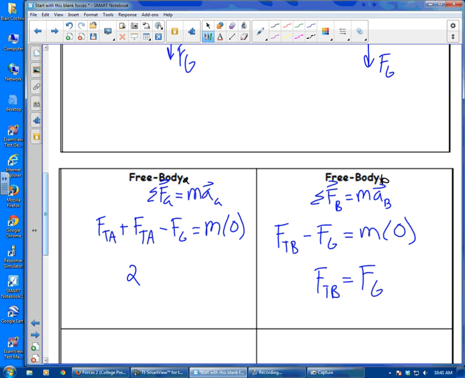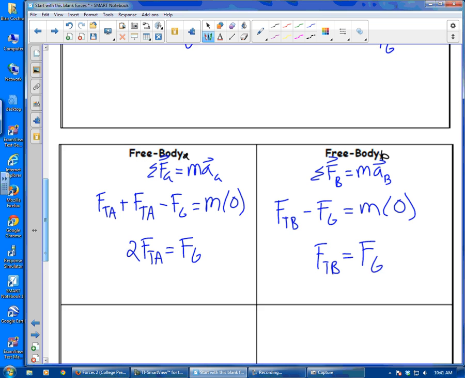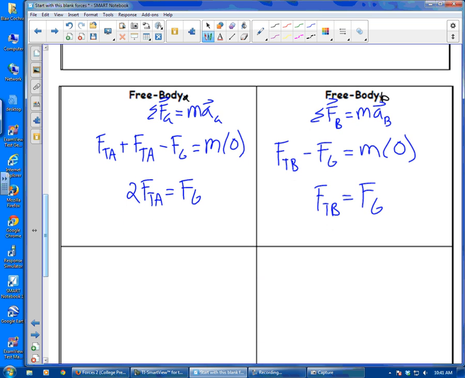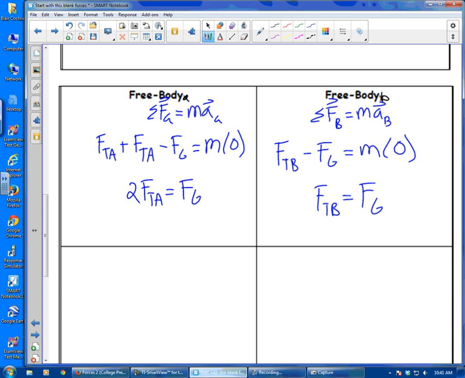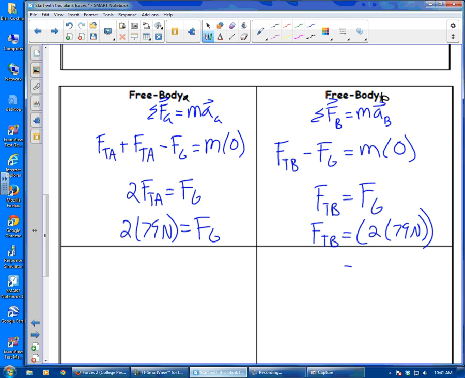So 2 times FTA equals FG. They tell me FTA is 79 newtons in my case. So 2 times 79 newtons equals FG. And so FTB must equal 2 times 79 newtons, which is 158 newtons. Let's see if it's right.